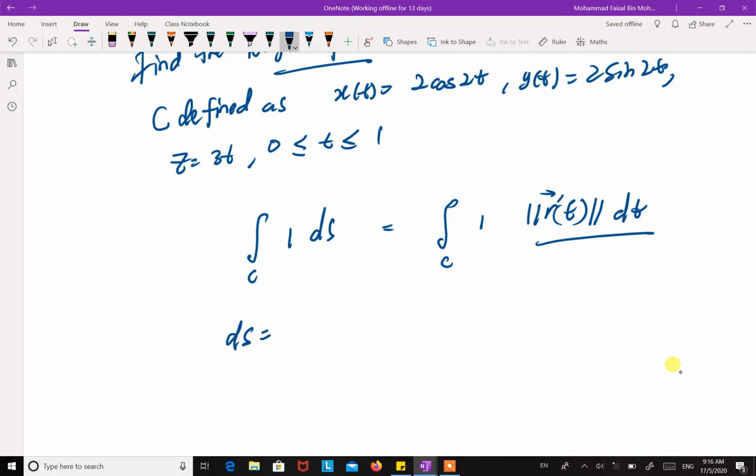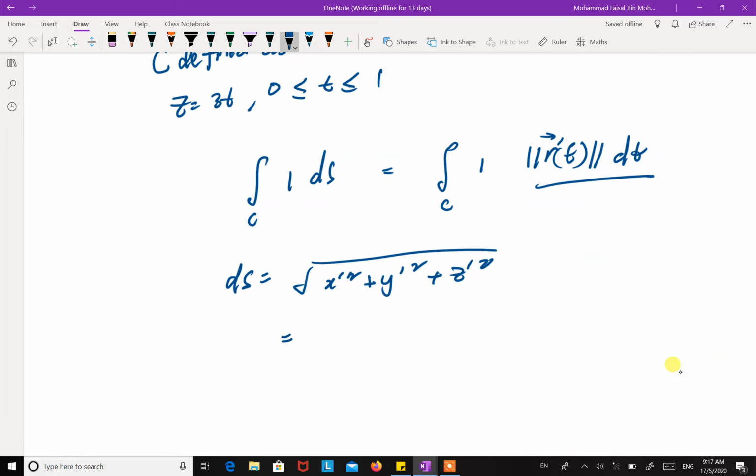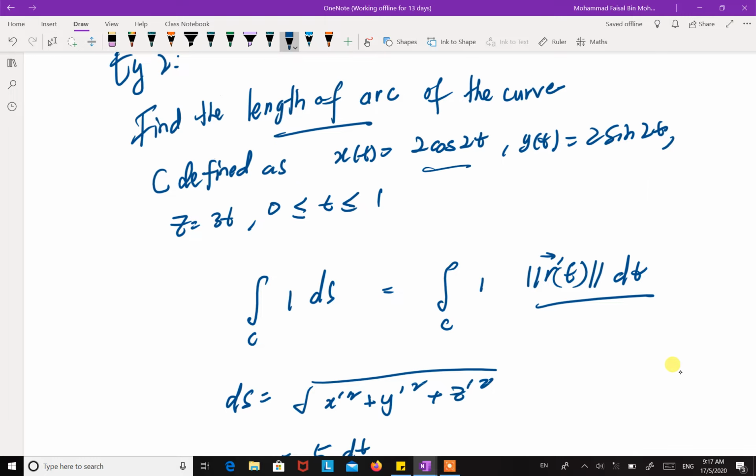ds will be the square root of x prime t squared plus y prime t squared plus z prime t squared, and you will get 5 dt. Check. Okay, differentiate one by one. Differentiate cos will be sine, and differentiate inside will be negative 4 sine 2t.